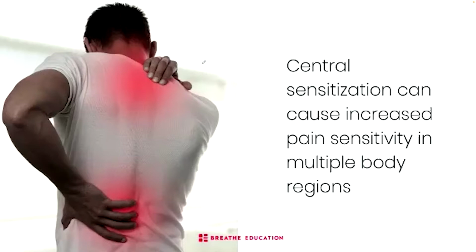Whereas if it's the skin of your upper back, the nerves in that region that are sensitized can only cause increased pain sensitivity in the skin of your upper back. So if we somehow sensitize your central nervous system, you can get pain in weird places and many places all at the same time.